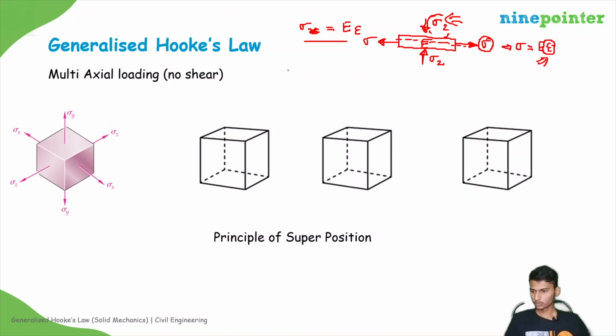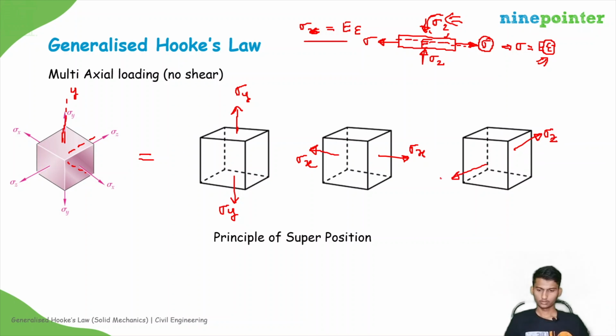So let us move ahead. Let us take a 3D element. In this 3D element, this is the y direction, this is the z direction, and this is the x direction. So this can be said by the principle of superposition: sigma y, sigma x, sigma z, the sum of these three things, right?